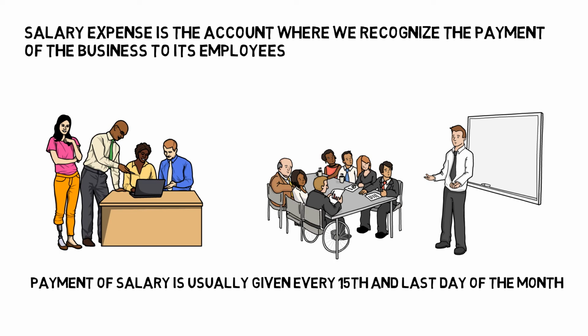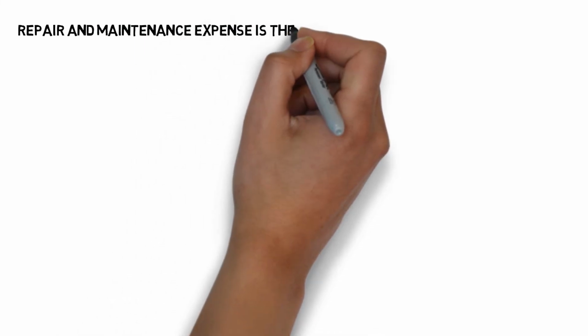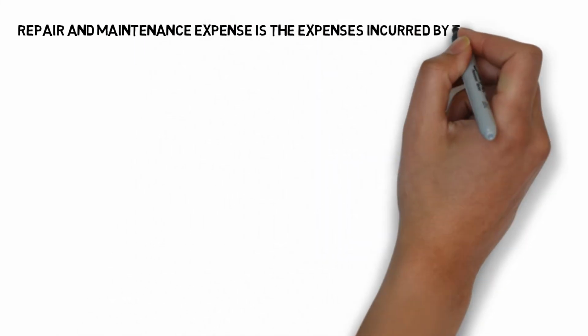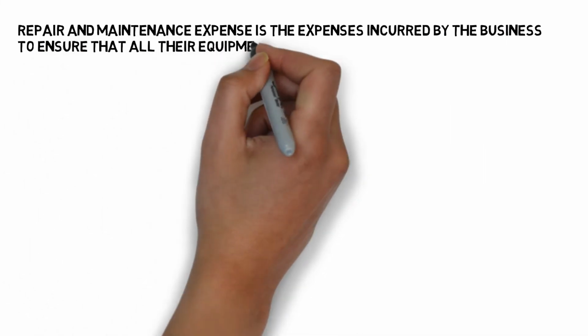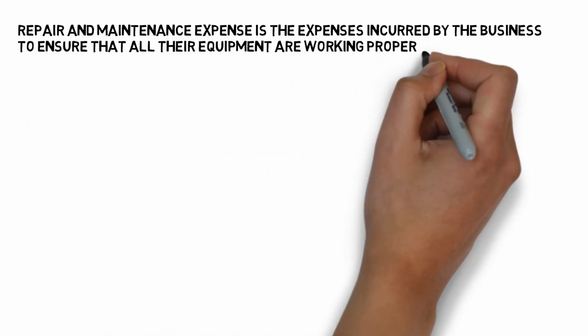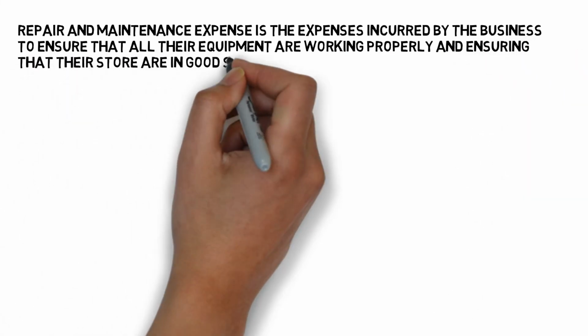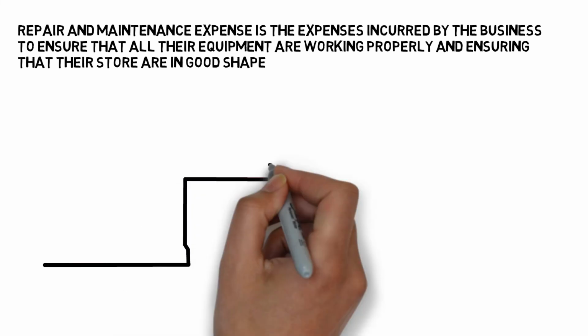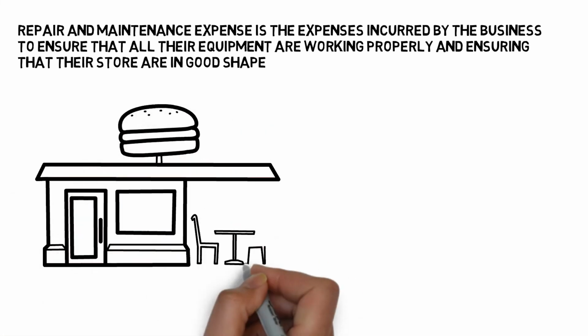The next accounting term is the repair and maintenance expense. It is the expenses incurred by the business to ensure that all their equipment are working properly and ensuring that their store is in good shape. Remember, customers always see the beauty in the store.